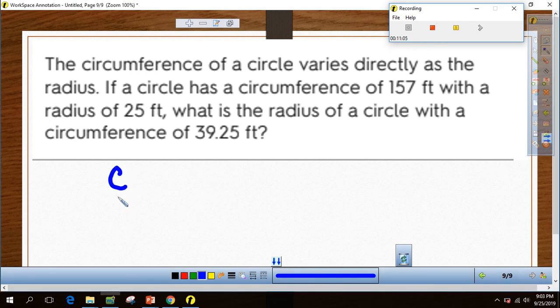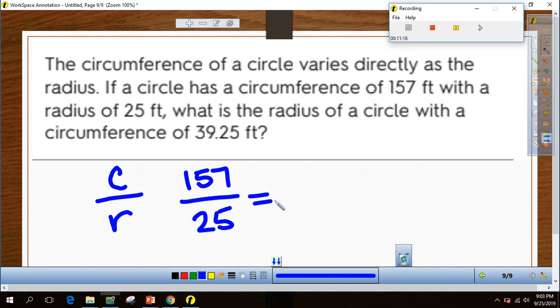So my circumference over radius. My circumference of the given was 157, and the radius was 25. So in my other situation, it wants to know what the radius is, so I'm going to label that as r, keeping it down on the bottom with my other radius. If the circumference is 39.25.